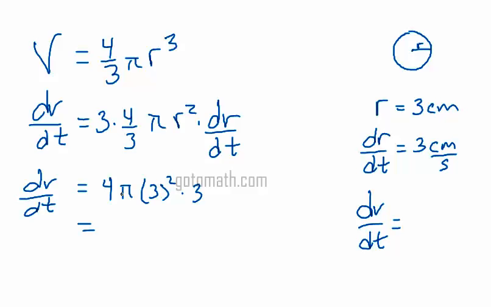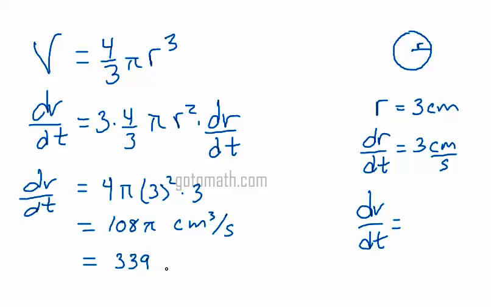Yeah, 108 pi, and we would write cubic centimeters per second. However, I think we were rounding to 2 decimal places, so we're going to want to do that. I'm going to have to cheat, get out the calculator, because I don't really care about doing that by hand.